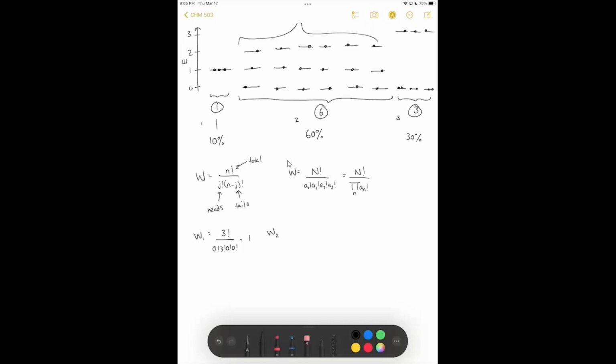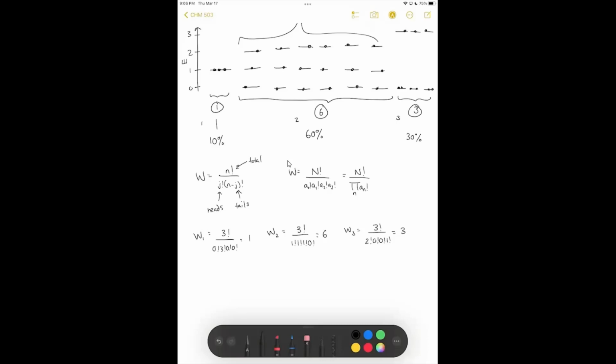The weight of the second distribution is equal to 3 factorial over 1 factorial, 1 factorial, 1 factorial, 0 factorial. That's 6. And the weight of the third is simply 3 factorial over 2 factorial, 0, 0, 1 factorial, which is 3. And you can see that these numbers match the numbers from the brute force method.